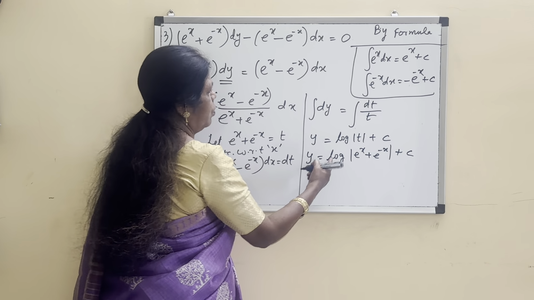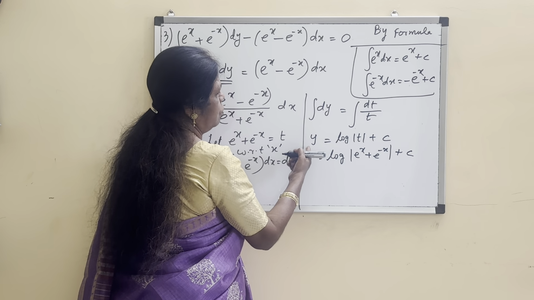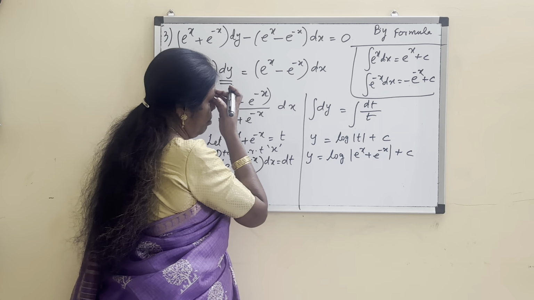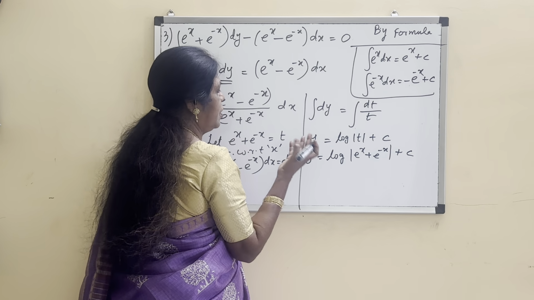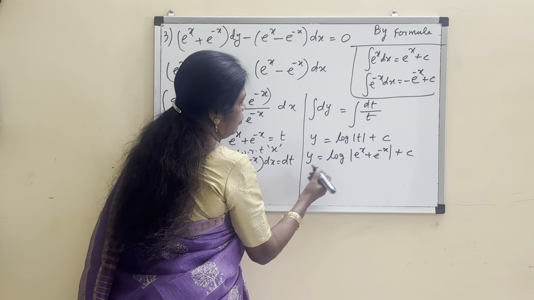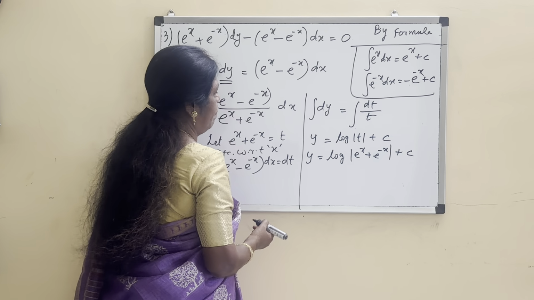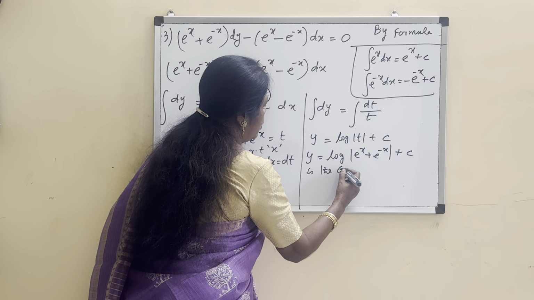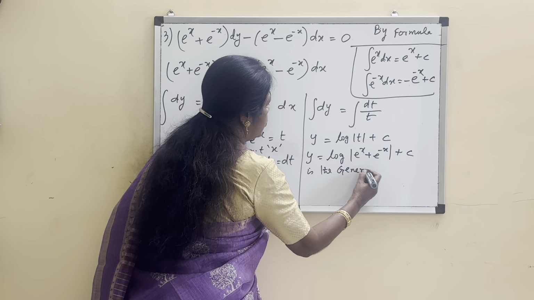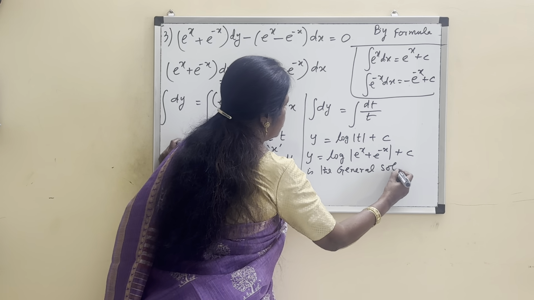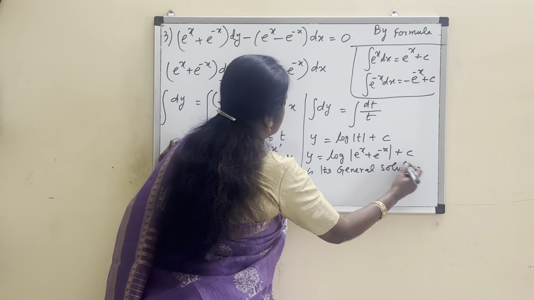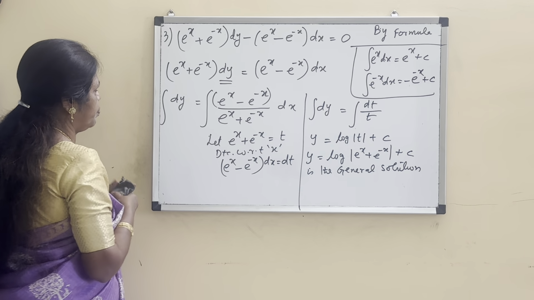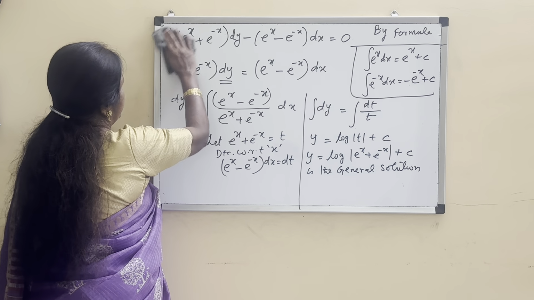Here only this side we have log, there is no log on the other side, so we can take plus c simply. You can take the constant in any form. This is the general solution. So next question.